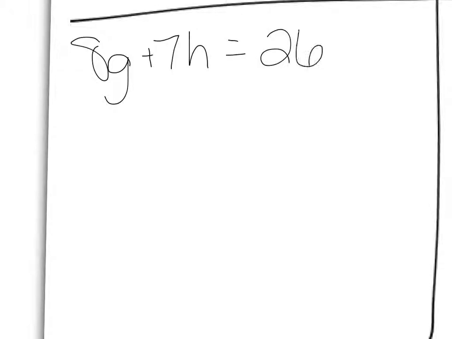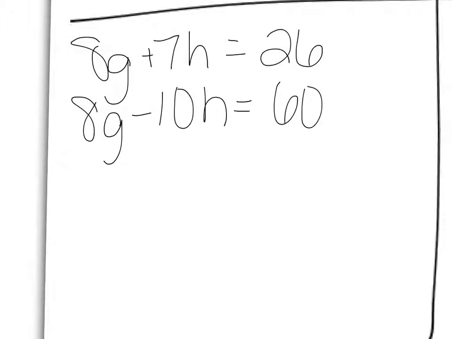Okay. What about 8g plus 7h equals 26 and 8g minus 10h equals 60. Okay, just mentally in your head, if you add your equations, will either one of your variables be eliminated?